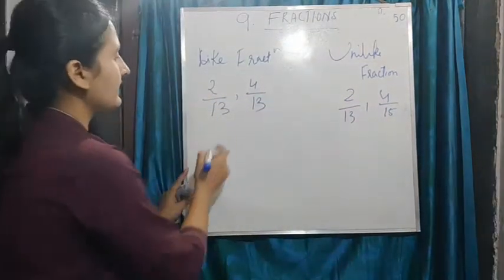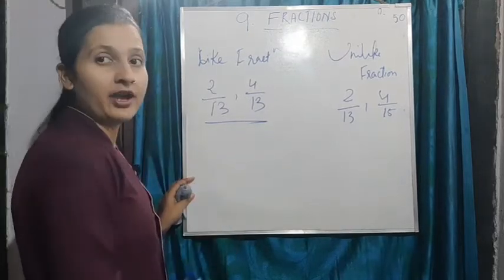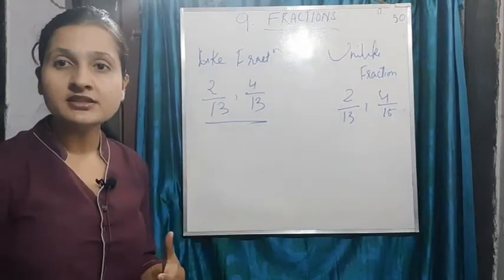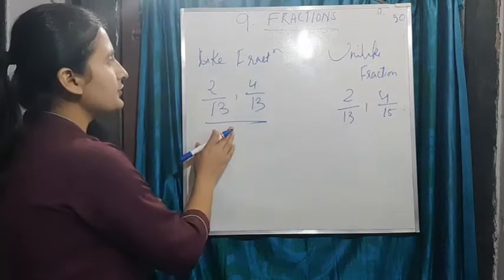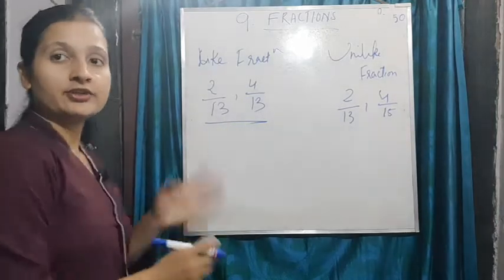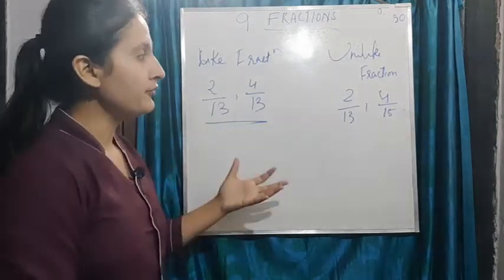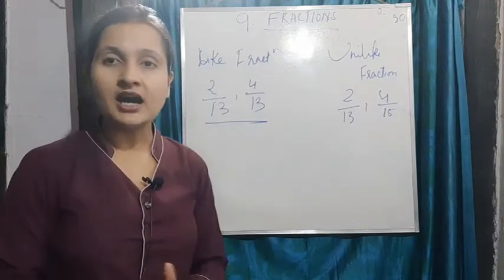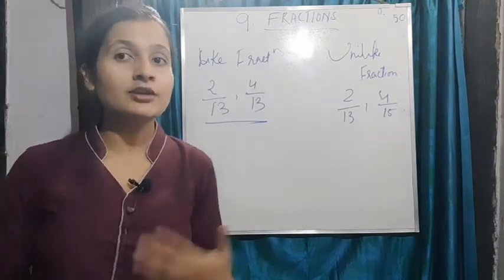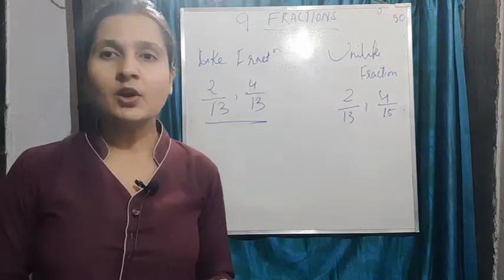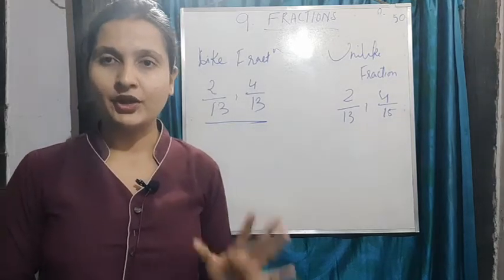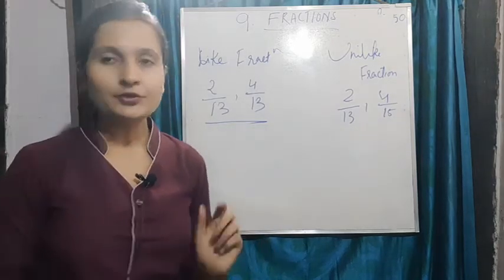So here you can see that the denominators are the same. When in given fractions the denominators are the same, then they are said to be like fractions. On the other hand, when the denominators are not the same, when they are not alike, it is called unlike fraction. All right, I hope this is clear to you.